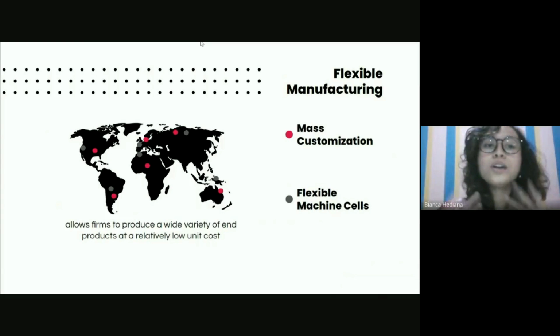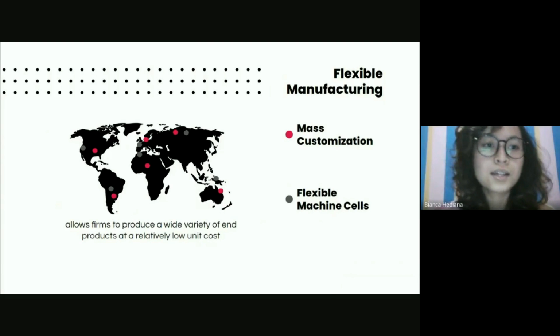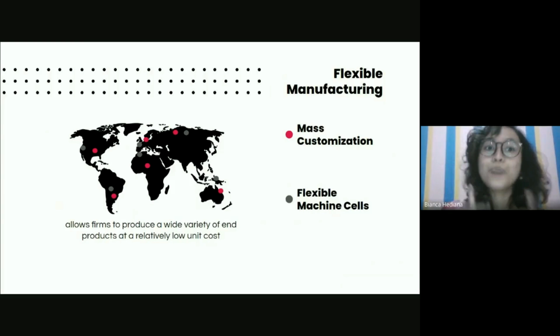Okay, so we already know there are 3 benefits of flexible manufacturing, right? Flexible manufacturing technology allows the company to produce a wider variety of end products at a unit cost that at one time could be achieved only through mass production of a standardized output.